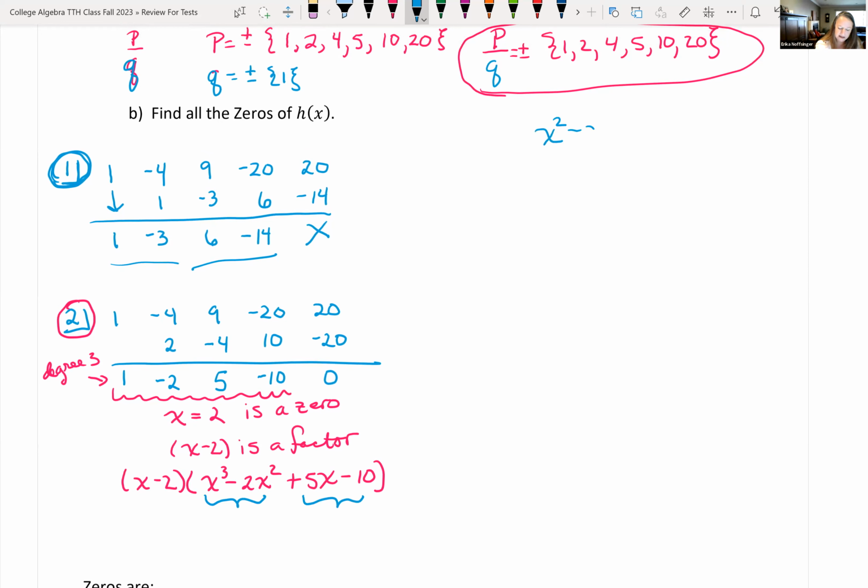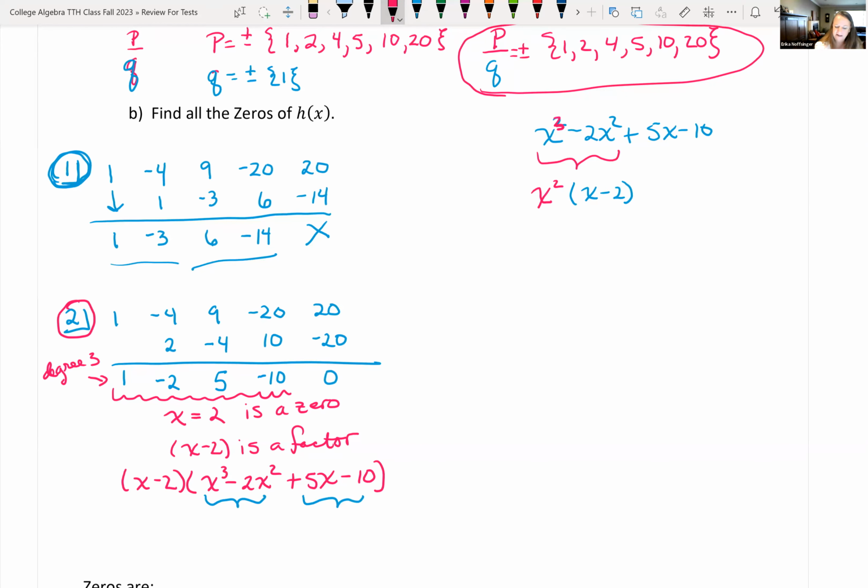So x cubed minus 2x squared plus 5x minus 10. If I group the first 2 terms together, x cubed minus 2x squared, I could factor out an x squared from both of those terms, and I would have x minus 2 left.